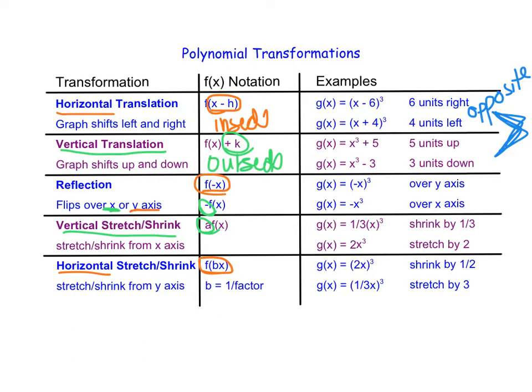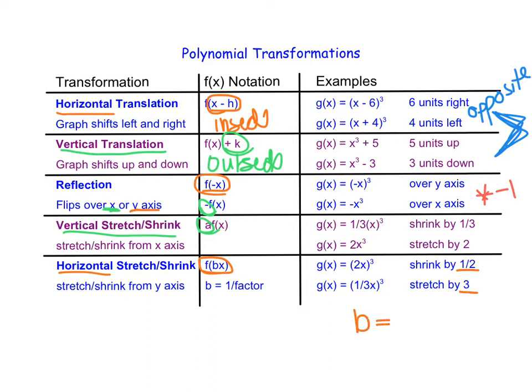When we reflect over an axis, we're always multiplying by a -1 somewhere, whether that's inside or outside. And when we vertically stretch or shrink our graph, or horizontally stretch or shrink our graph, we're always multiplying by a value. But the thing to remember is that the vertical ones work as expected, while for the horizontal ones, we actually have to use the factor that we're given to find our b value.